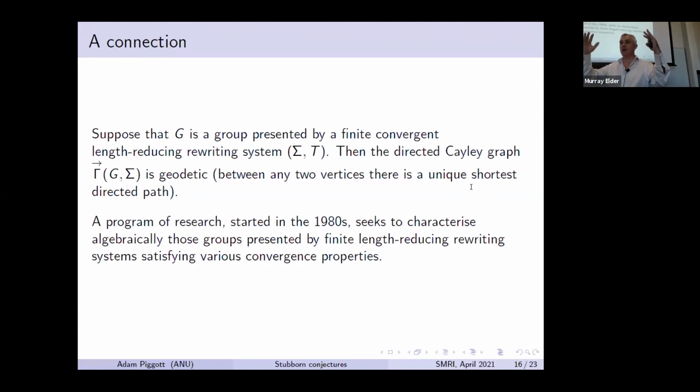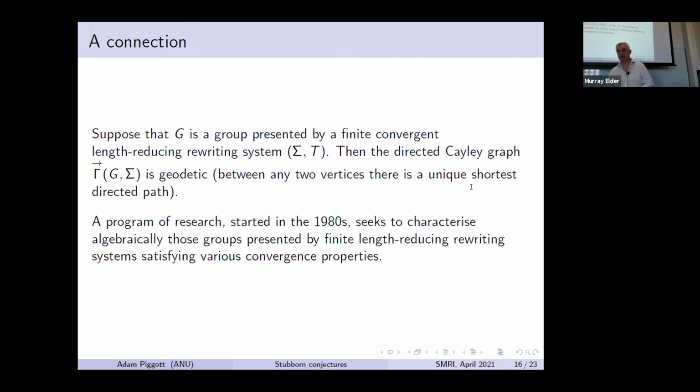So no matter which word we start with, we rewrite it until we get to the unique geodesic that represents that group element. And since paths in the Cayley graph correspond to words in the generators which spell group elements, the directed Cayley graphs we get from groups presented in this way are going to be geodetic.